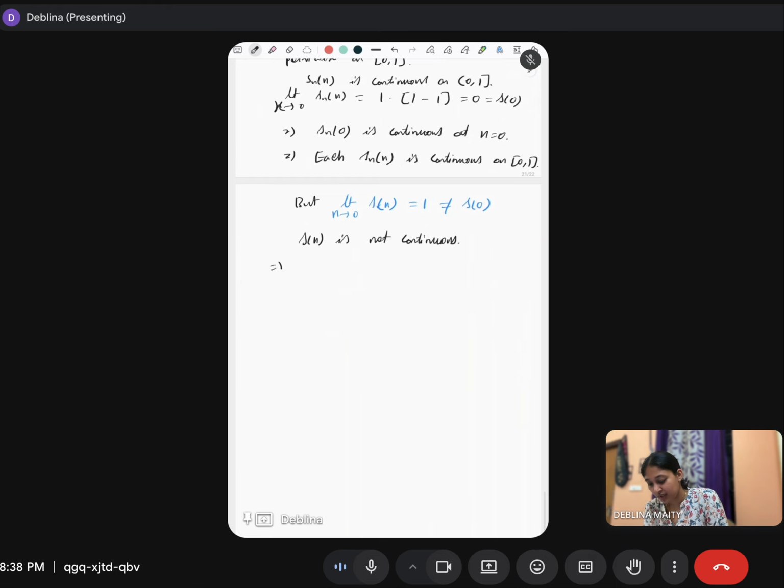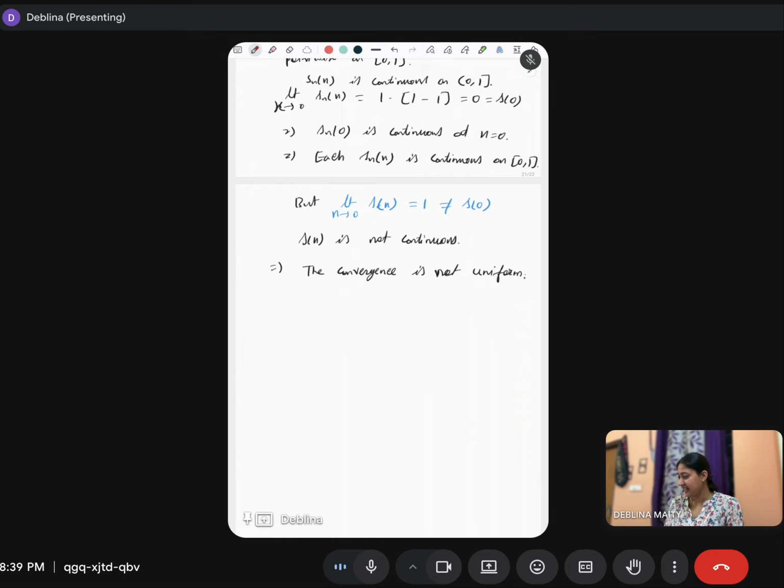So this implies the convergence is not uniform.